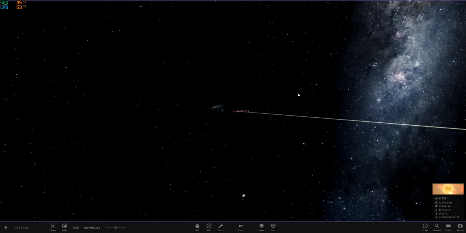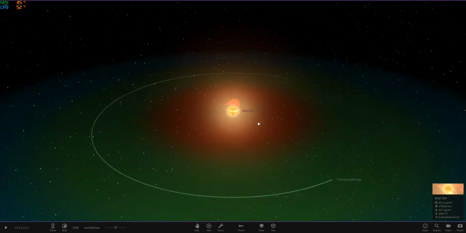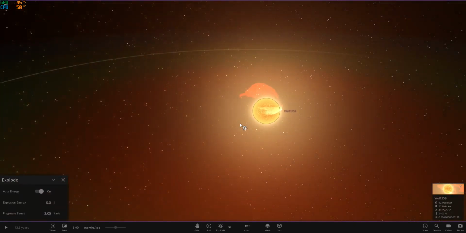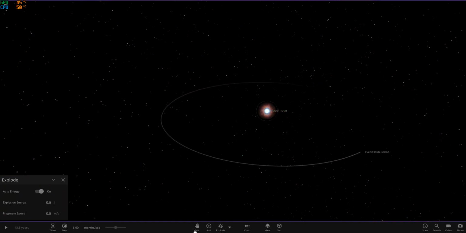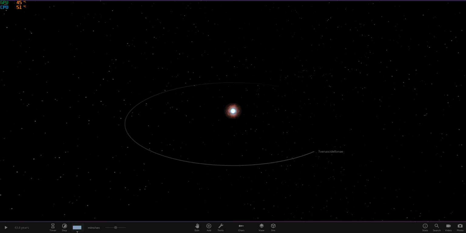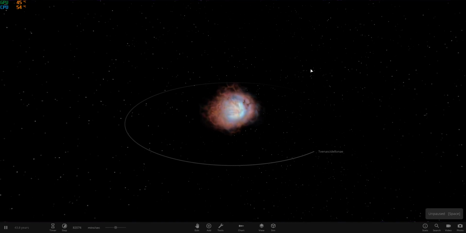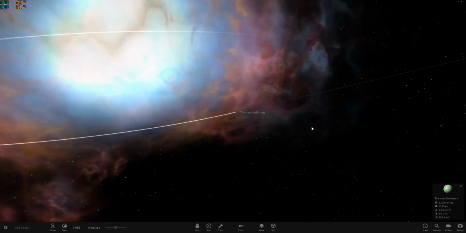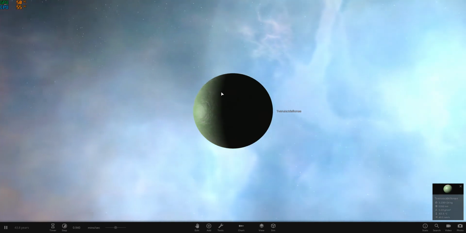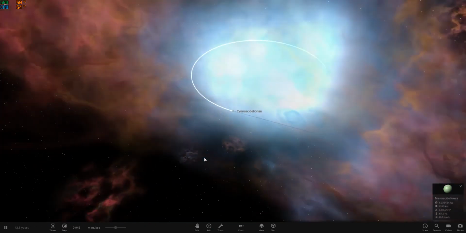And the original star can just explode. And the original star explodes. And this once amazing great world is swallowed up by the supernova and completely destroyed.